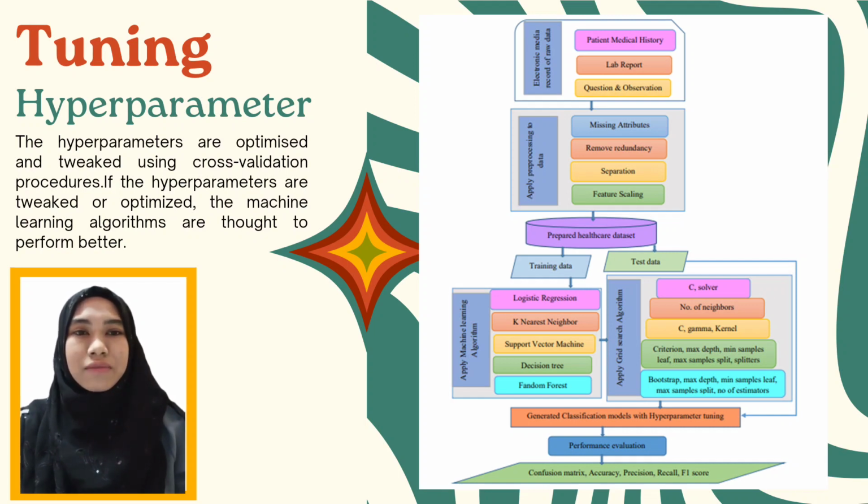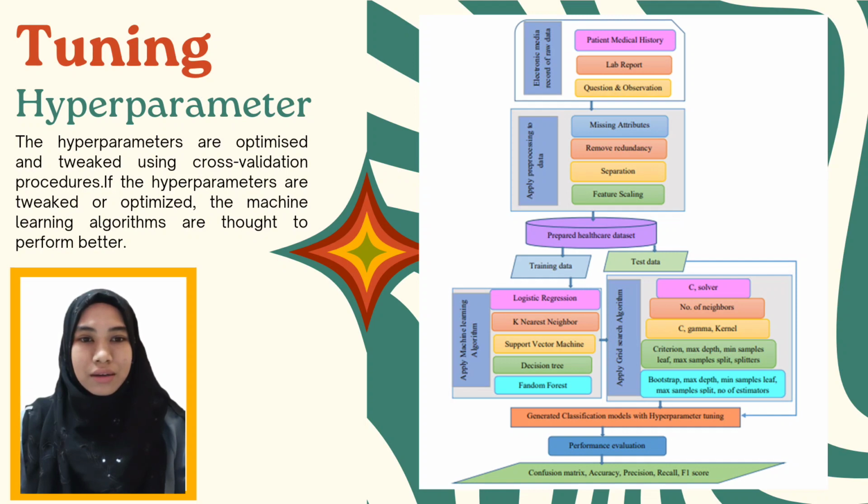First, here we have the electronic medical record of the raw data, consisting of the patient's medical history, lab reports, and observations. Then we apply preprocessing to the data, consisting of handling missing attributes, removing redundancy, suppression, and feature scaling, and then prepare the healthcare dataset, which is split into the training data and the test data.